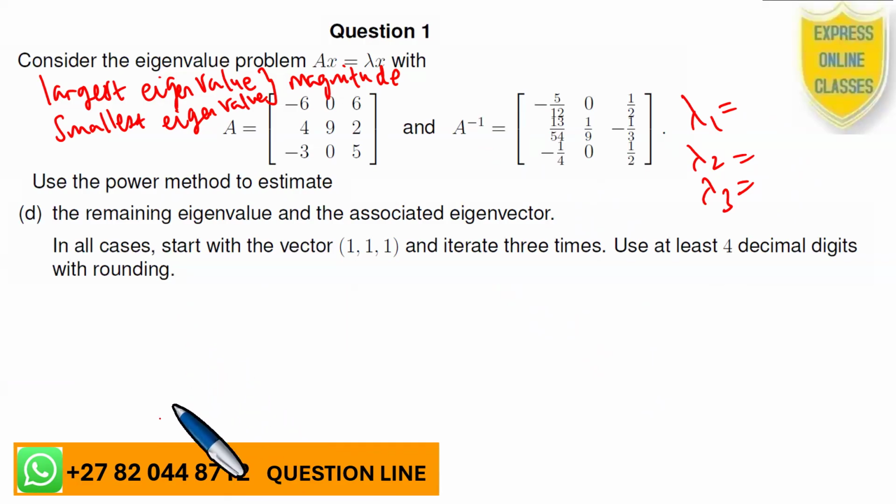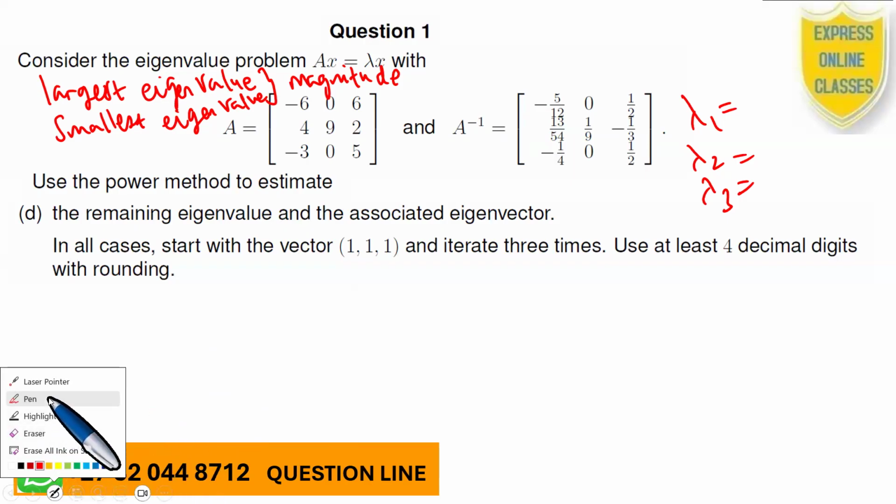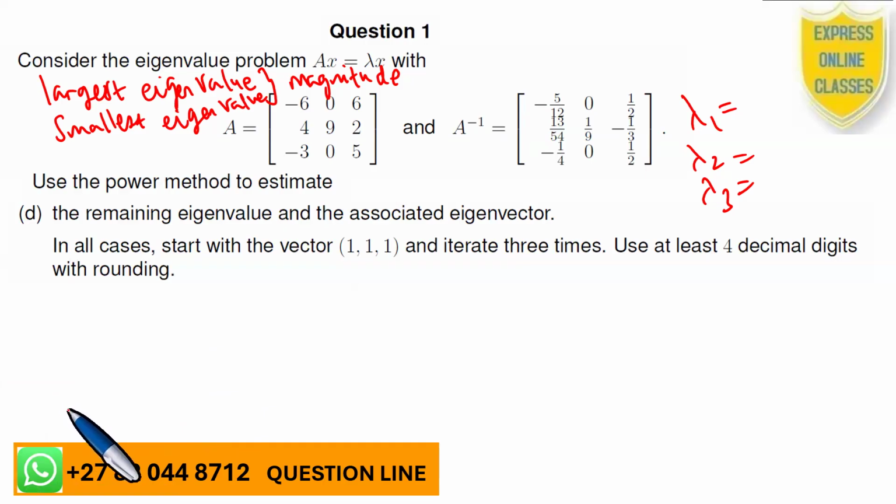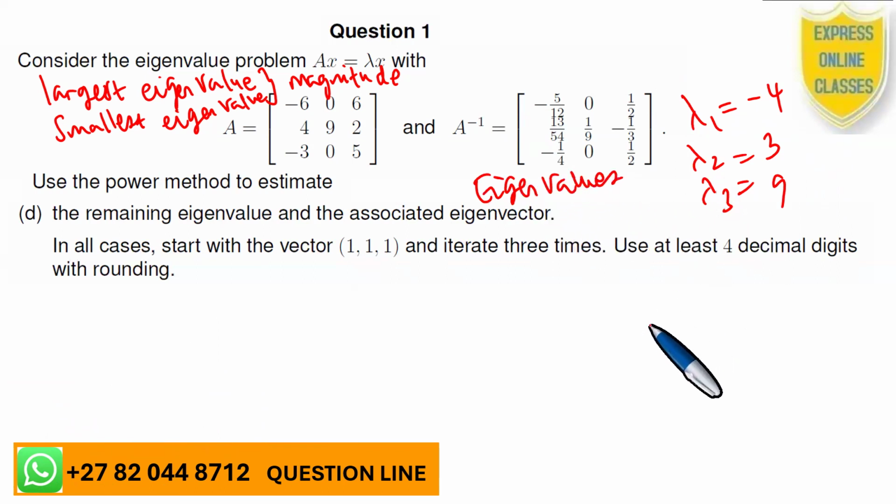So now we will recall something here. There are a couple of things that we need to take into account in the way we have discussed this. There is a lambda 1, which is minus 4, 3, and 9. These are the eigenvalues of the matrix A. We did them last time.